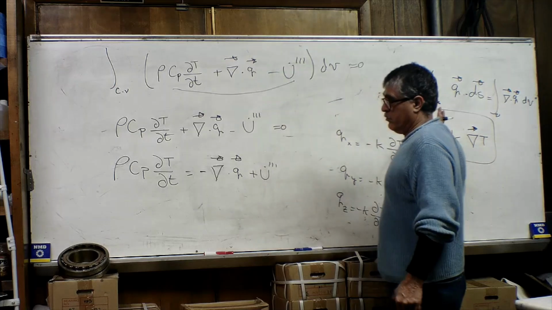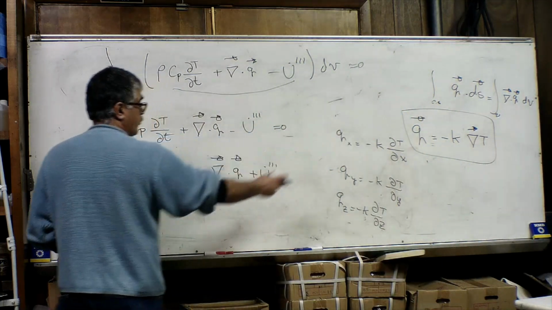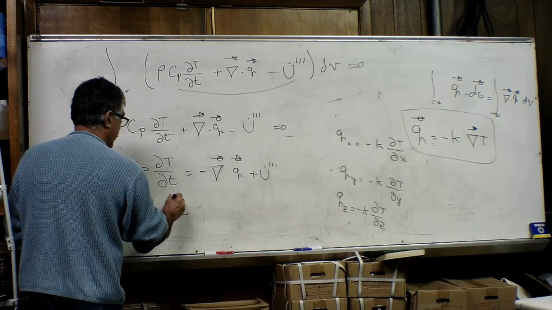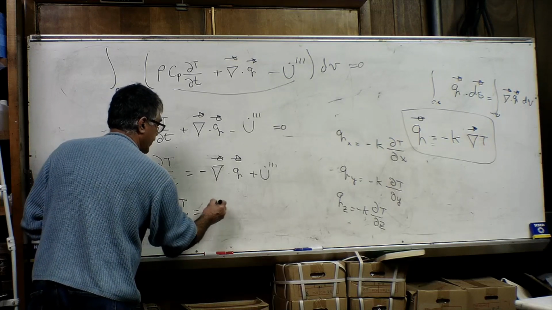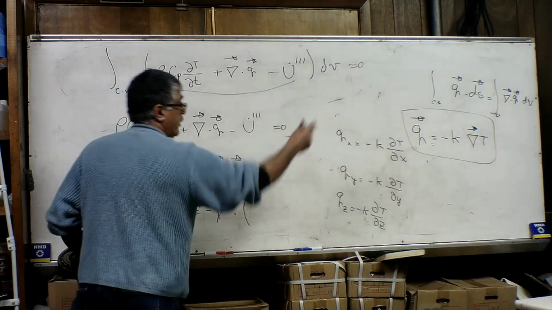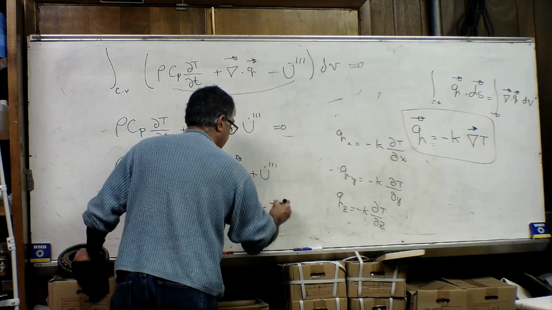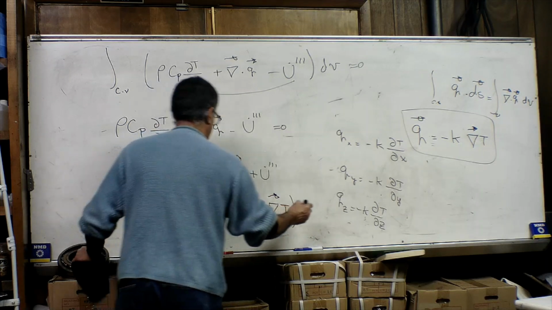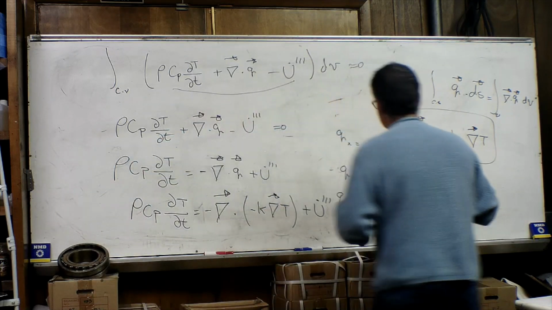We bring this to the right side of the equation. Now let's put that value for Q in here. So we have rho Cp partial derivative of T with respect to time equal to minus del dot Q, where our Q is minus K del T, plus U triple prime.